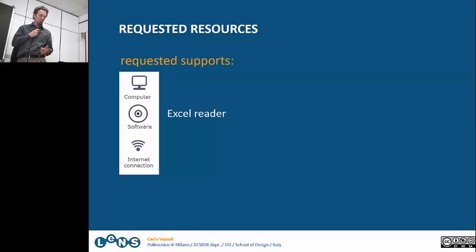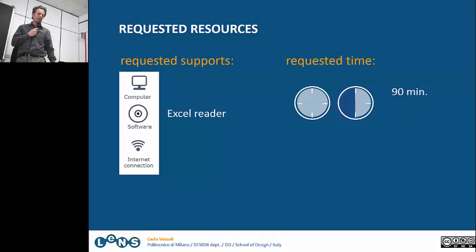You need a computer, of course, as resources, and you have it here, as software, an Excel reader, because the interaction table is in Excel format, and a connection to download those things. And to make it, this depends, and we say 1.5 hours to start building it, but this is really dependent on, as I told you, how you use it in the course of time.